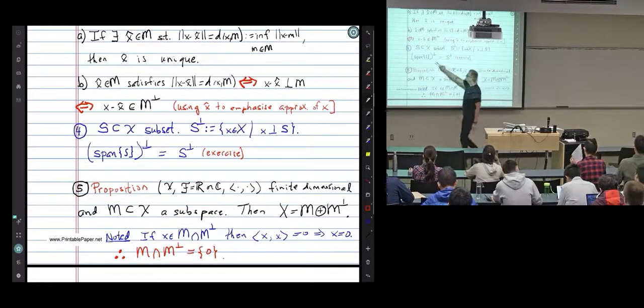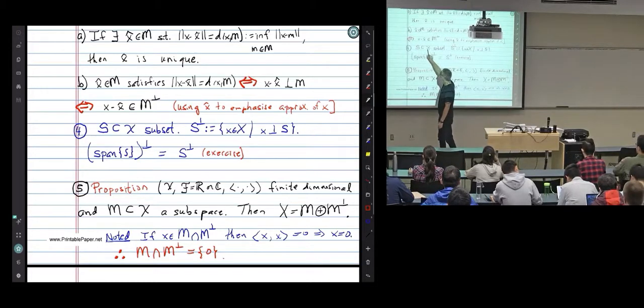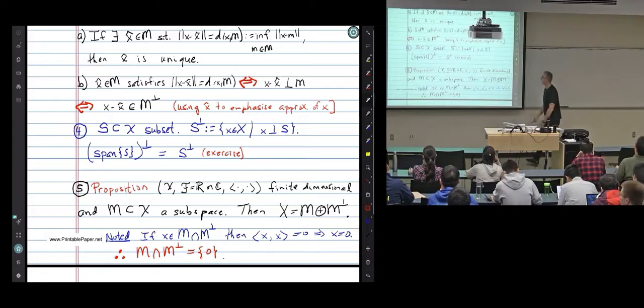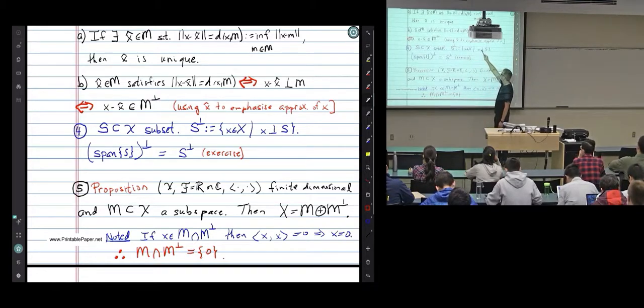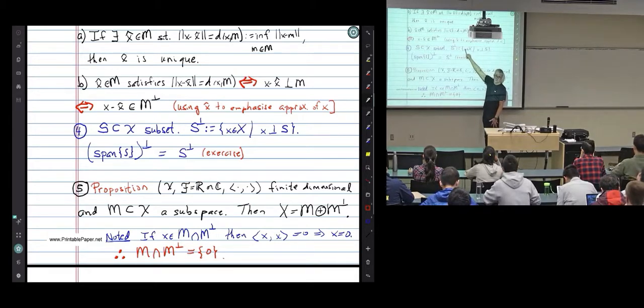If we take any subset, it does not have to be a subspace, we define its orthogonal complement as all points in X that are orthogonal to every element of S. Since the zero vector is orthogonal to anything, this is not an empty set.